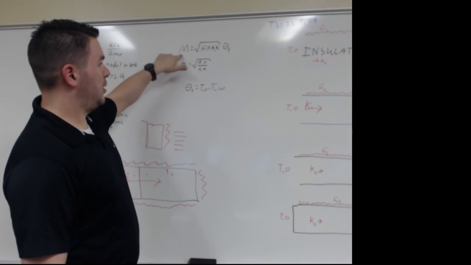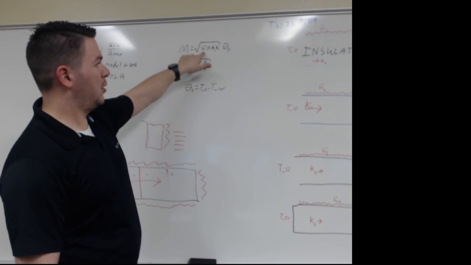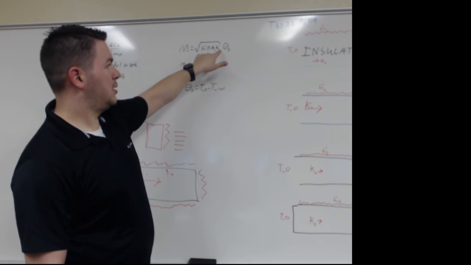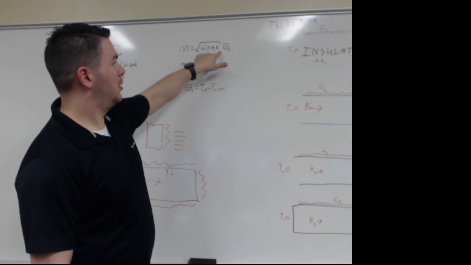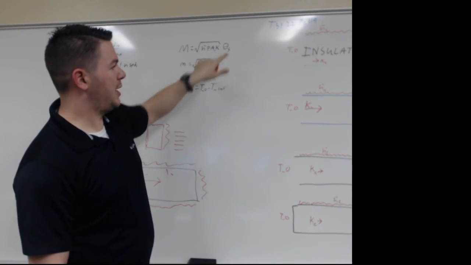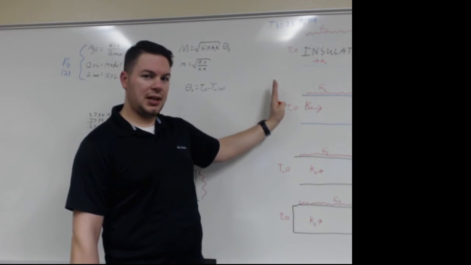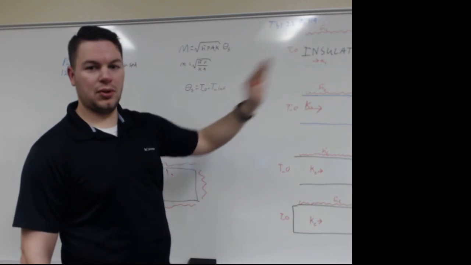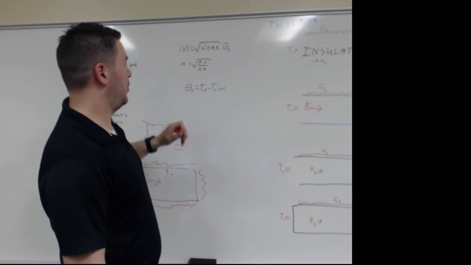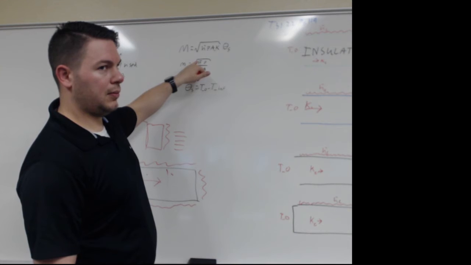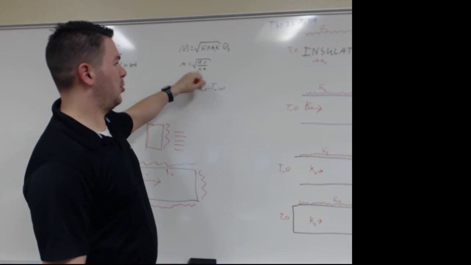But our big M is going to use our h bar times the perimeter times the cross-sectional area times the k of the material, square root of all that multiplied by theta s, where theta s is the difference between the surface temperature where this thing connects to something and the infinite temperature where it's going to end up out in the ambient environment.